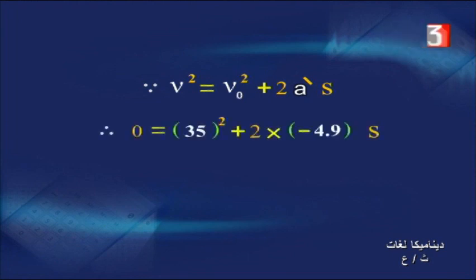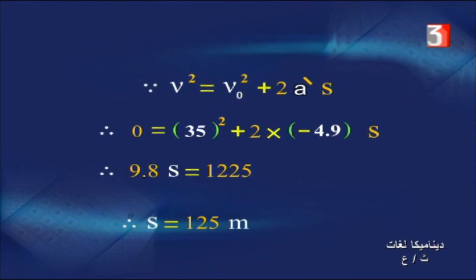The velocity equals 0 at rest, and the initial velocity in this case, 35 meter per second, is the final velocity in the first stage. 0 equals 35 squared plus 2 multiply a dash, which equals negative 4.9 meter per second square, times s. Then 9.8 s equals 1225, and we get the displacement equals 125 meter.